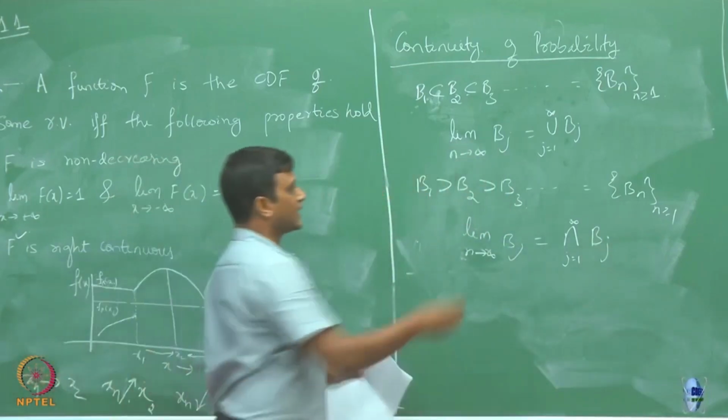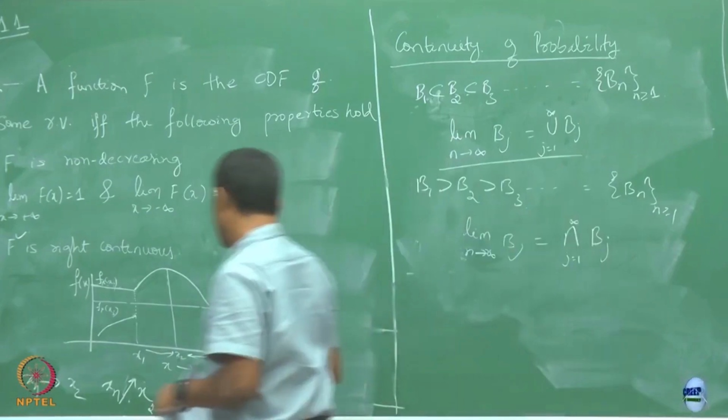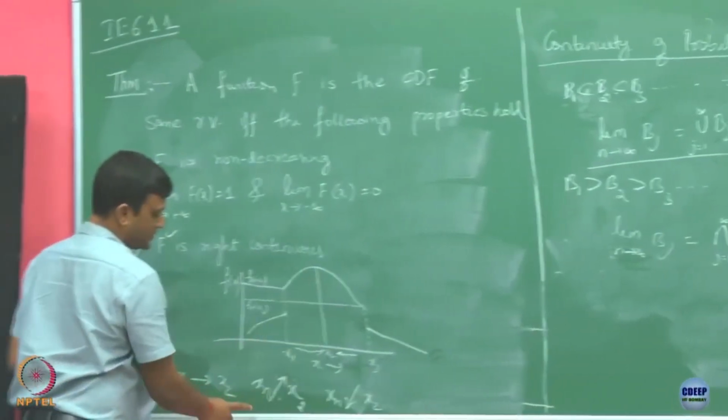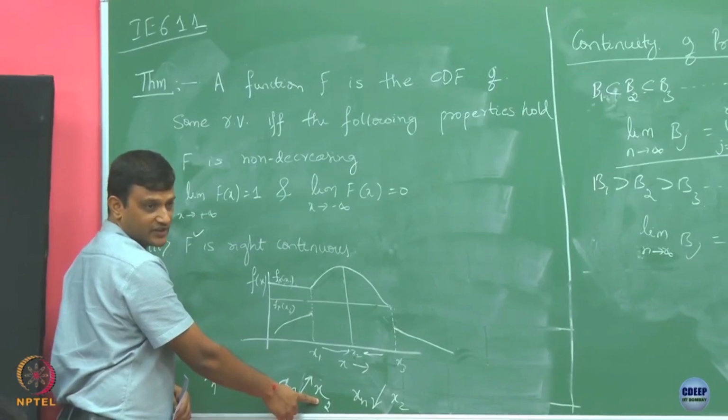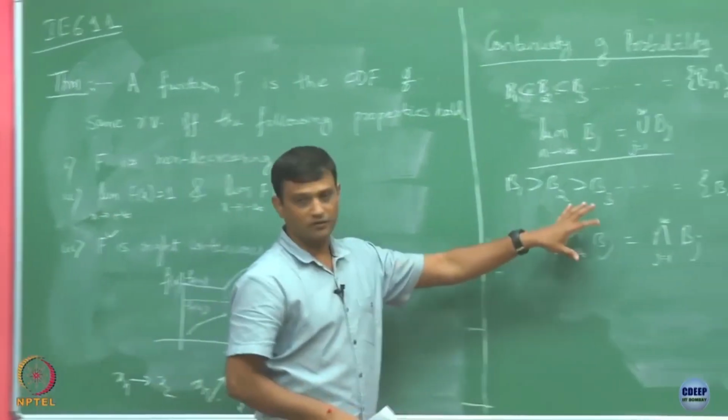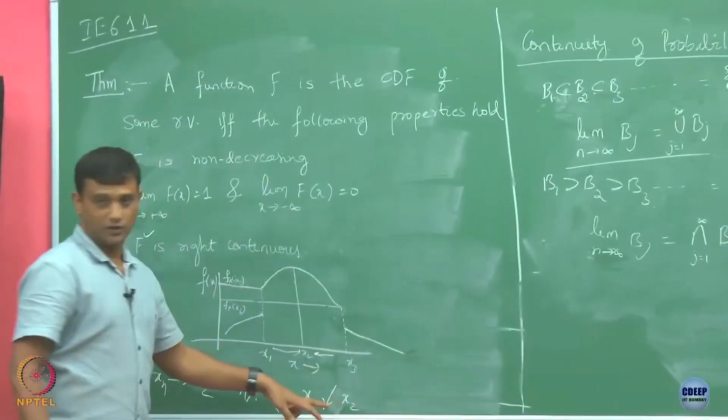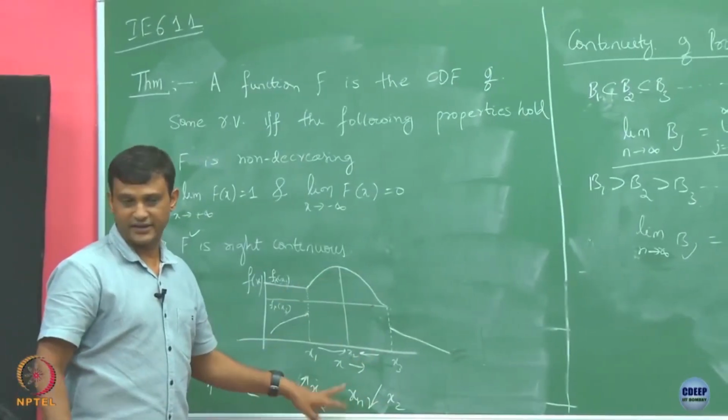So this thing here is an analog of xn converging monotonically. xn is a monotonic sequence converging to x2, and this is an analog of x2 being a monotonically decreasing sequence converging to x.